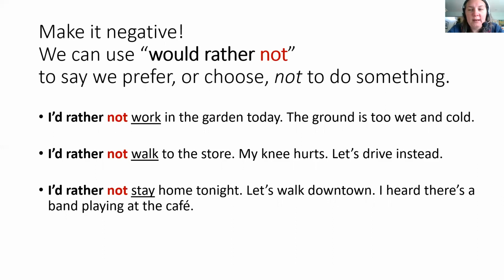The ground is too wet and cold. We don't usually do a comparison. Notice that there is no than and the other part that we're comparing it to. All we're saying is we prefer not to do this one thing. So it's not necessary to have that choice. We just simply say we would rather not do it.